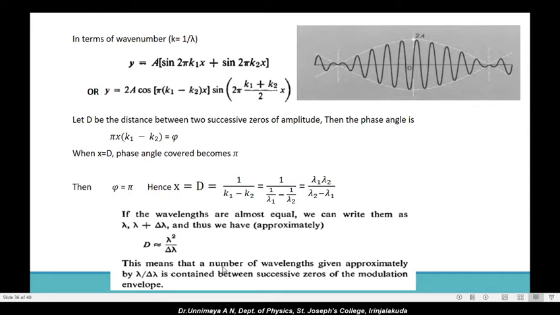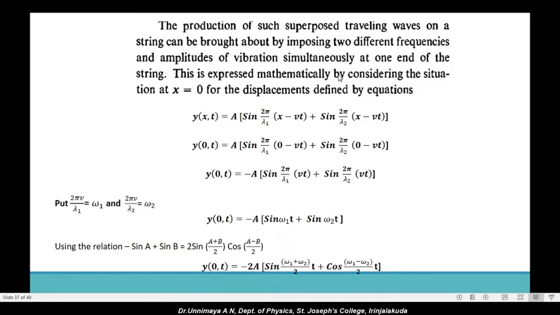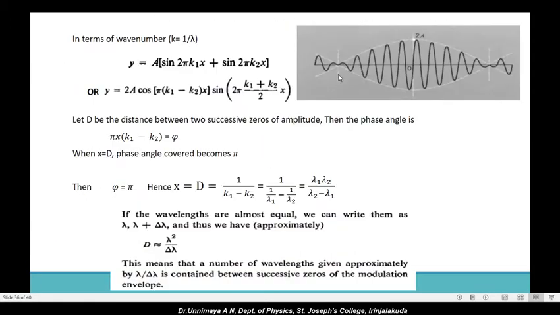This means that a number of wavelengths given approximately by lambda by delta lambda is contained between successive zeros of the modulation envelope. That is, this is the modulation envelope.